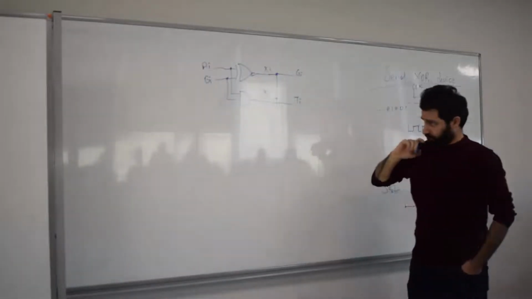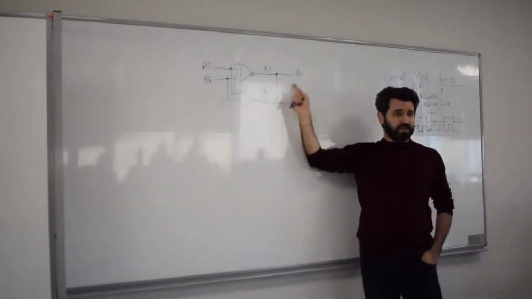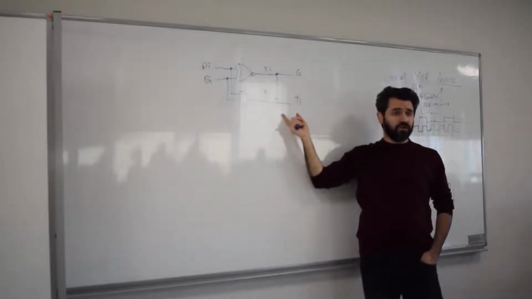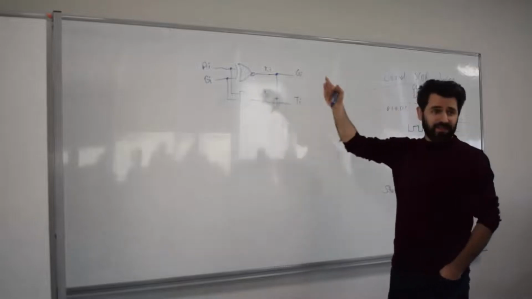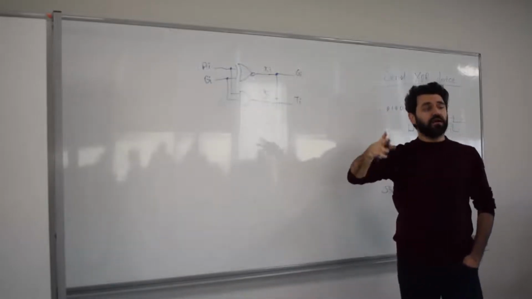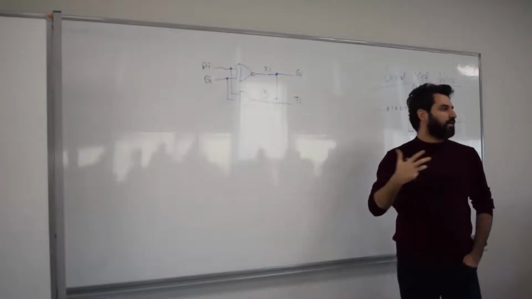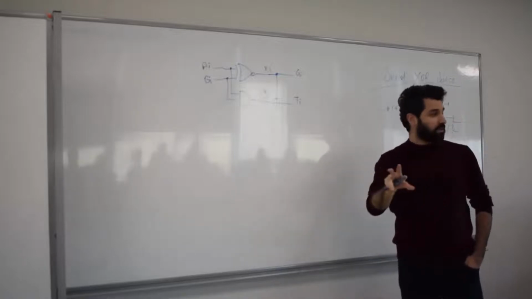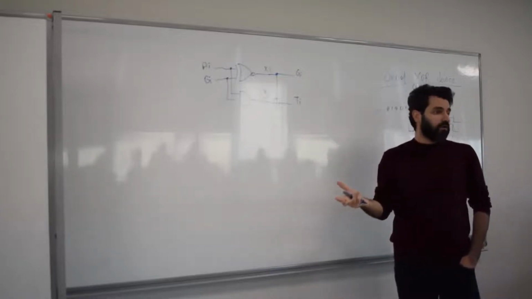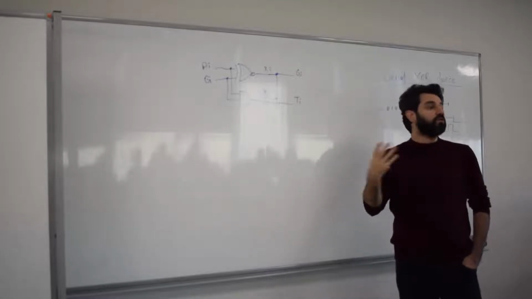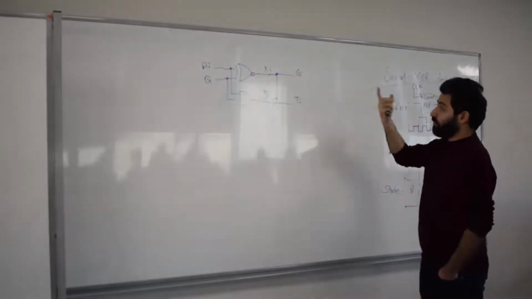This apparently is a reversible gate, of course. Because if you look at the truth table, and as I said repeatedly, if you are able to figure out the input by just looking at the output, then it's a reversible circuit. That's the definition of reversibility.